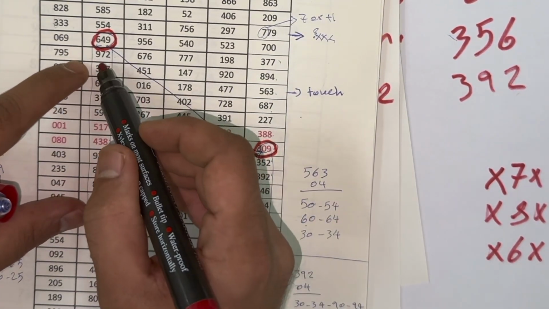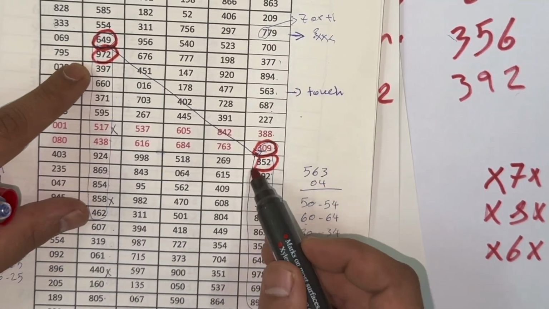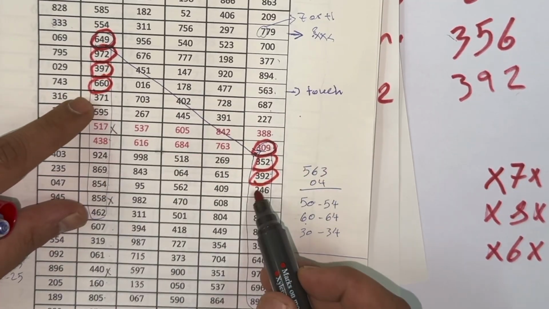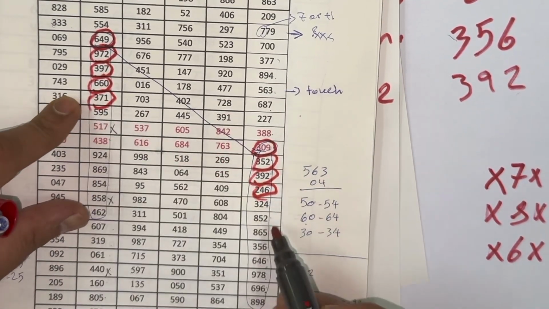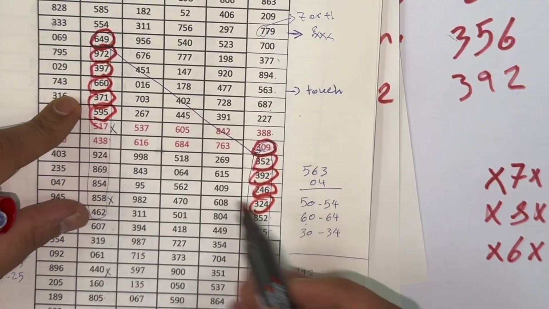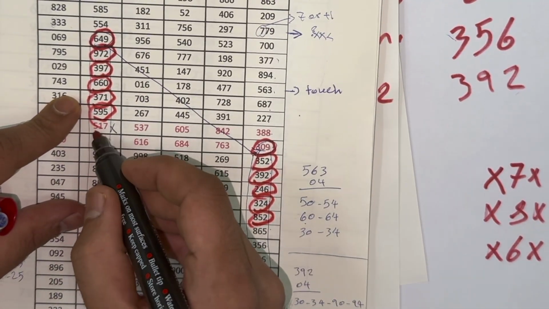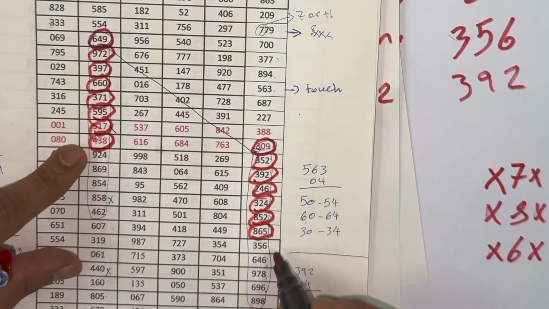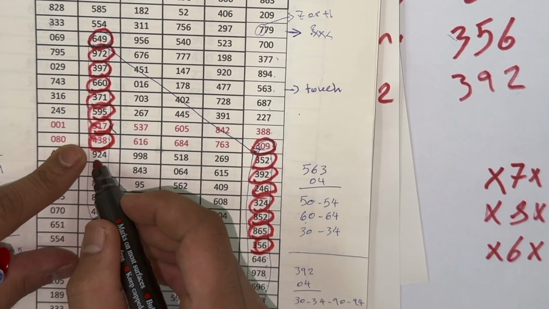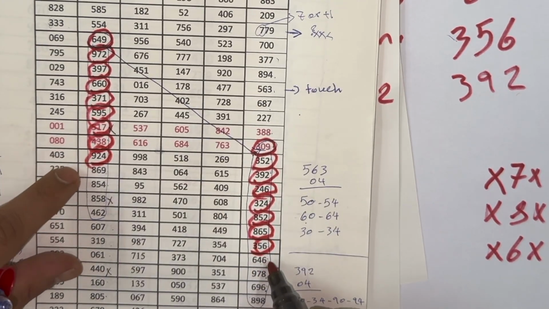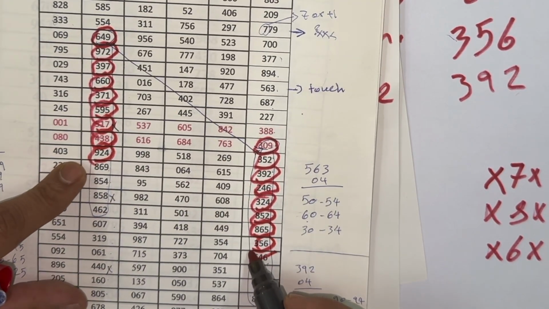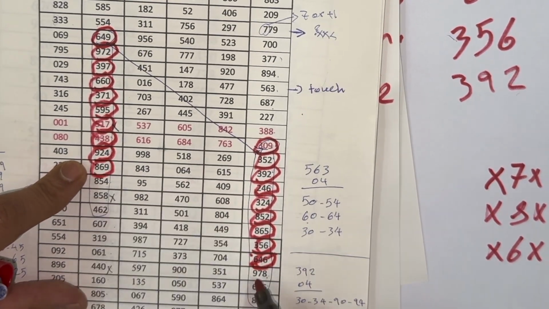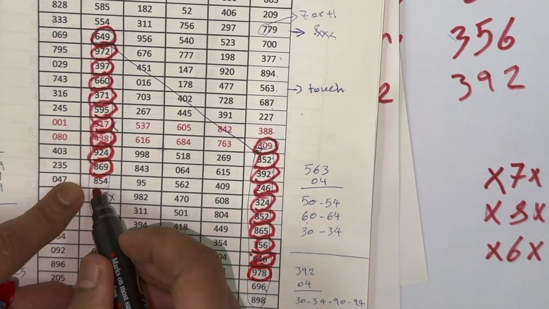Here we have the touch. 972, 2 is the touch. 397, 39 is the touch. 660, 6 is the touch. 371, 3 is the touch. 595, 5 is the touch. 517, 5 is the touch. 438, 3 is the touch. 924, oh sorry, 4 is the touch. 869, 9 is the touch.